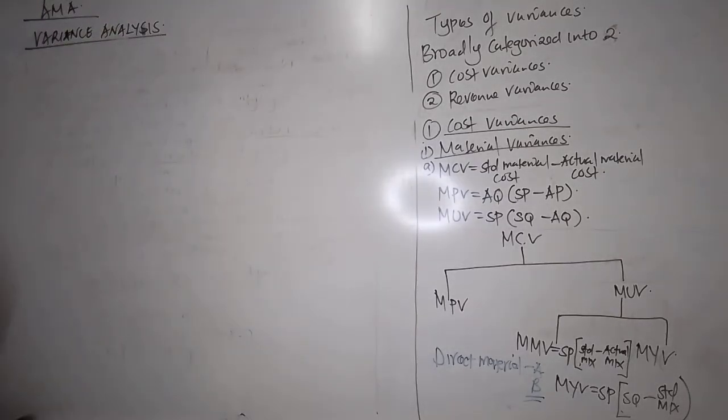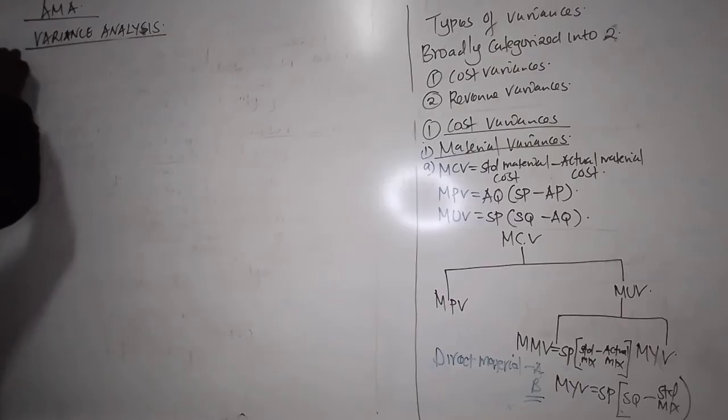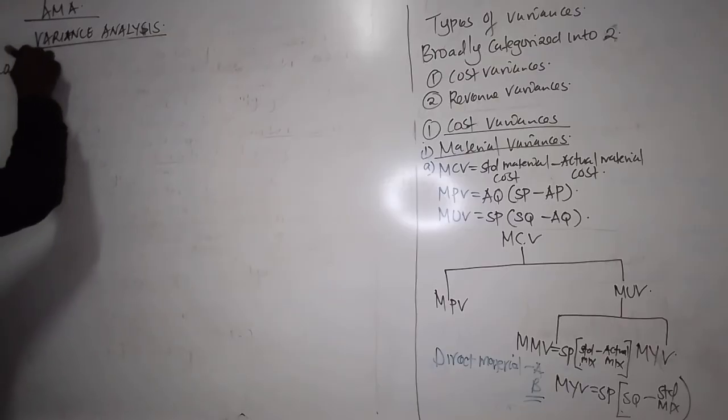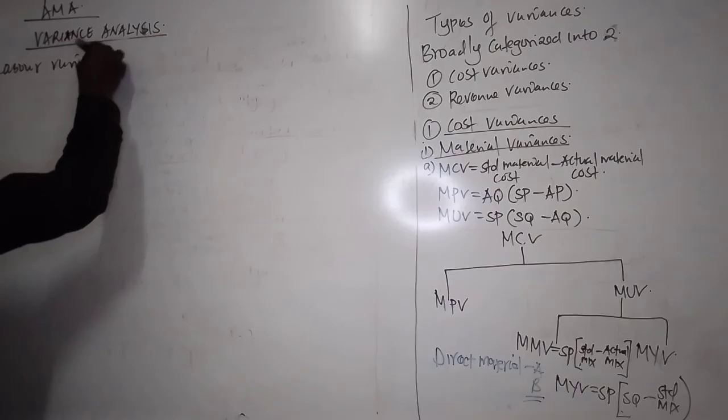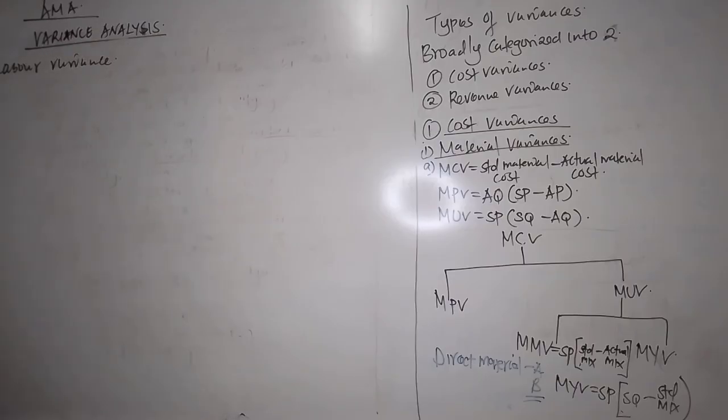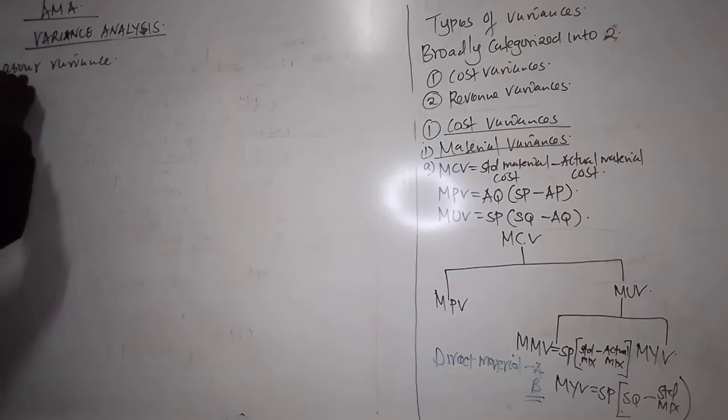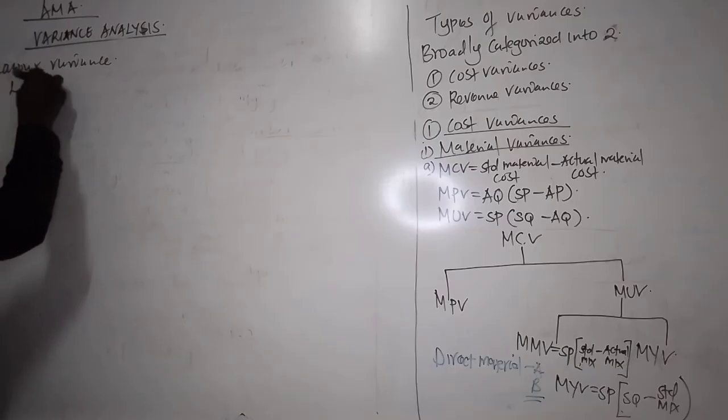So number B, Roman 2 now, we are going to talk about the labor variances. And under labor variances, the first case we will look at is labor cost variance.